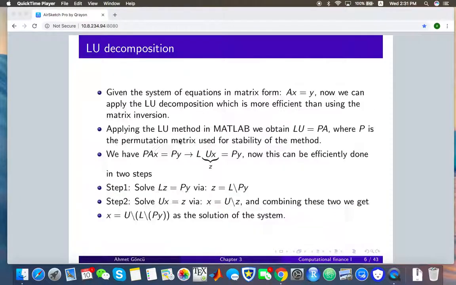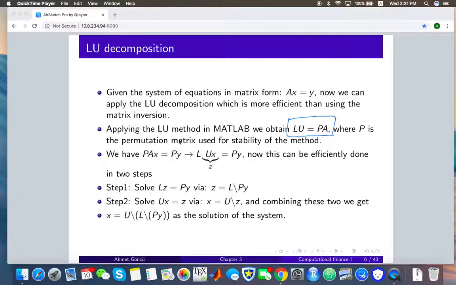What it does is simply L times U equals permutation matrix times A. So MATLAB's built-in LU decomposition function simply produces this factorization L times U, which is equal to P times A.